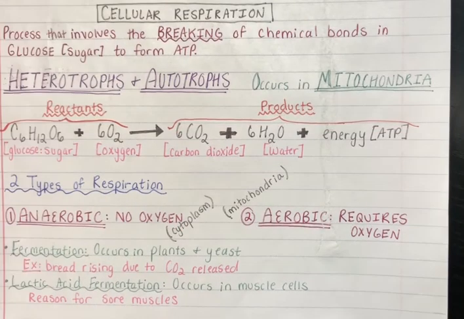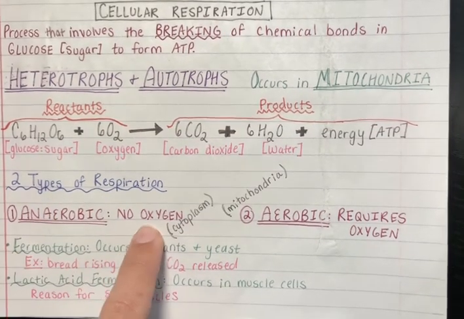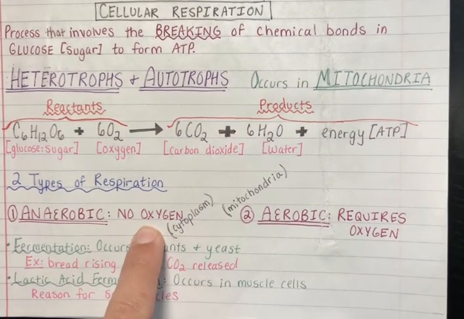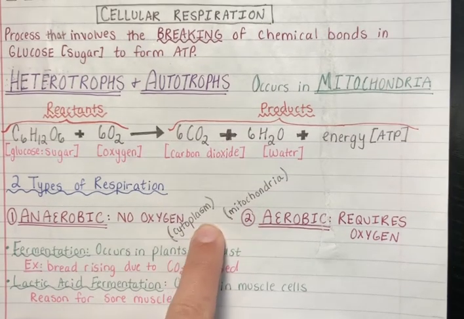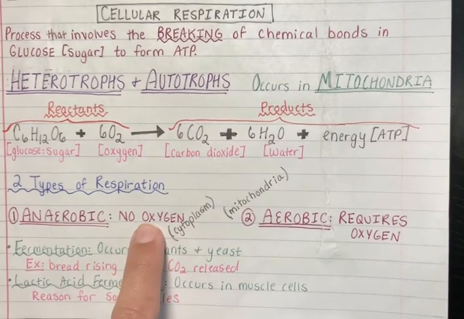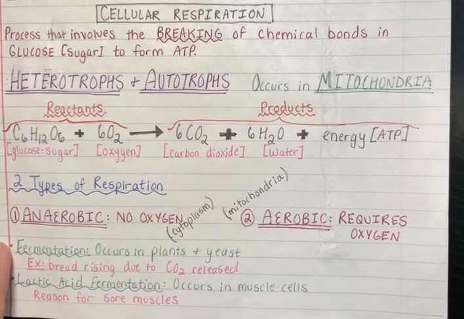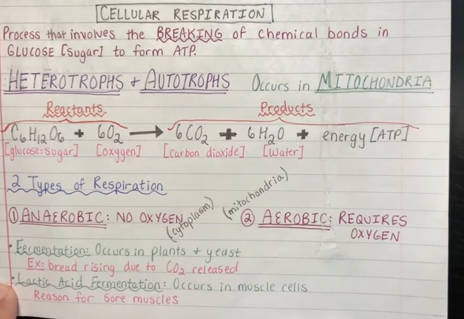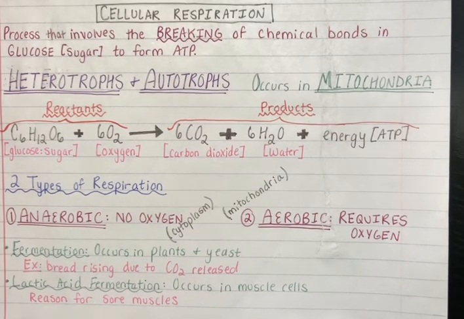However, in anaerobic respiration, no oxygen is present. Again, this takes place in the cytoplasm of all cells, or in the jelly. And there are two main types of anaerobic, or no oxygen present, respiration. First, we have fermentation and lactic acid fermentation. Regular fermentation occurs in plants and yeast, which are a type of fungi that we've already talked about.